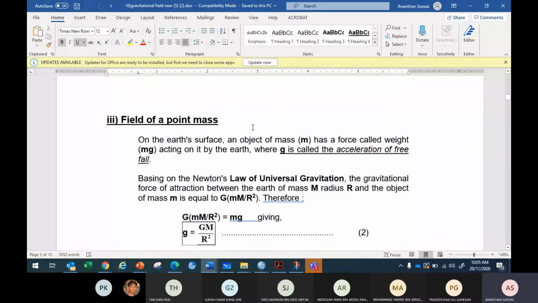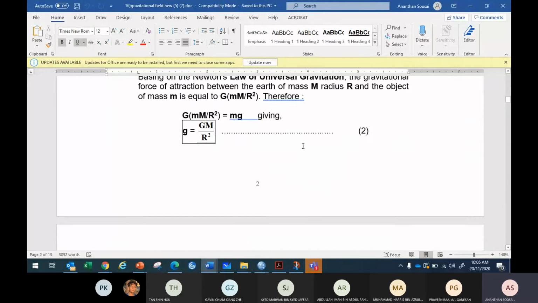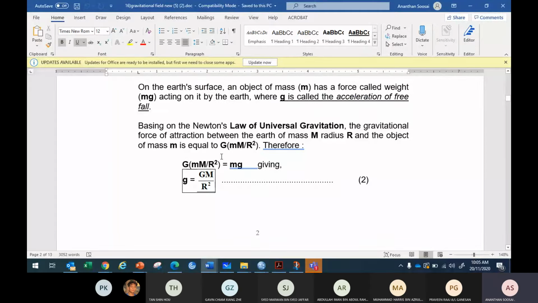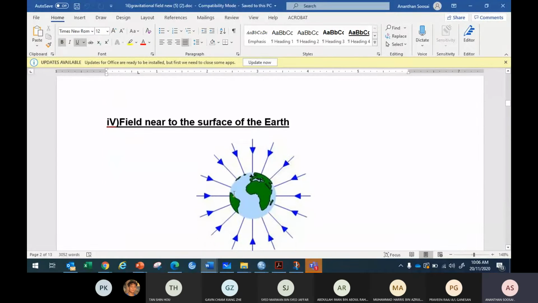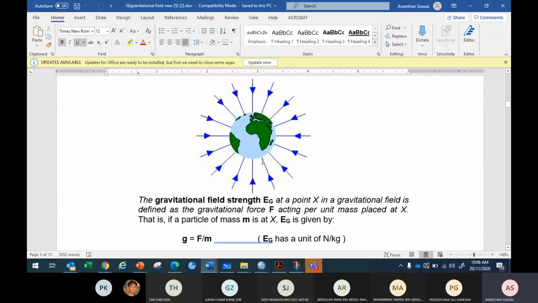Then we talked about gravitational field strength. It is defined as force per unit mass, and we end up getting this formula: g equals GM over r squared. This is the formula to find gravity. These are the two formulas you learned. Now the field near the Earth is found to have this pattern.